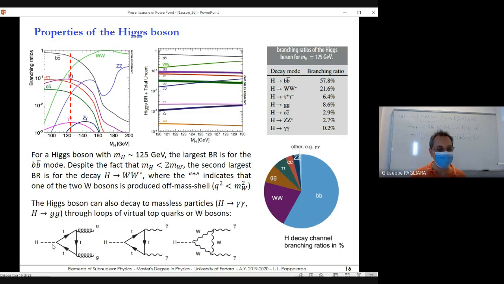Only through these loop diagrams can the Higgs boson have in the final state either 2 gluons or 2 photons, which are massless. Or you can also have a decay like this, where the Higgs splits into a W plus and W minus, then you have a loop of W's that at the end radiate 2 photons. So it is also possible to have neutral particles in the final state as a result of the Higgs decays, but through loops that involve heavier particles, of course.